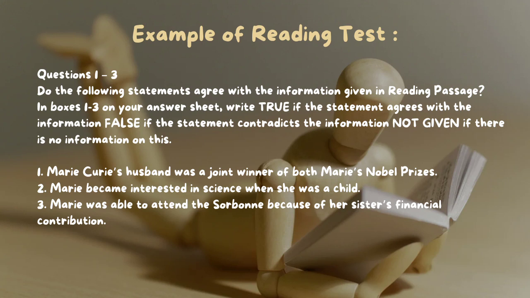Marie Curie's husband was a joint winner of both of Marie's Nobel Prizes. 2. Marie became interested in science when she was a child. 3. Marie was able to attend the Sorbonne because of her sister's financial contribution.